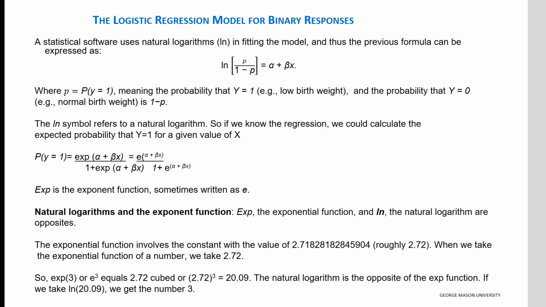So if we are looking to compute exp of 3, or e to the third power, it equals 2.72 cubed, which equals 20.09. The natural logarithm is the opposite of the exponential function. If we take the natural logarithm of 20.09, we get the number 3.